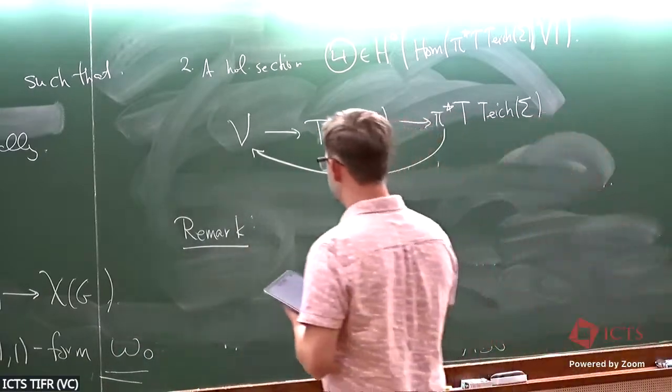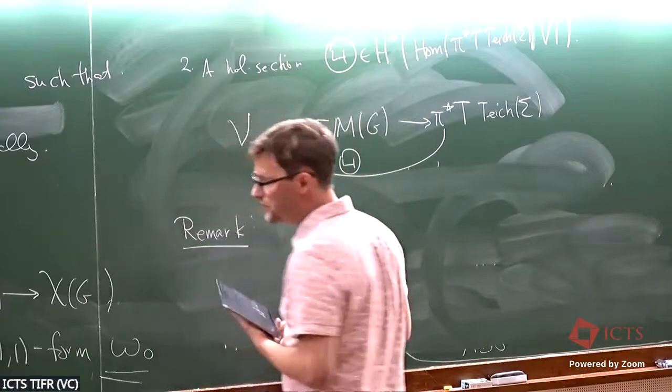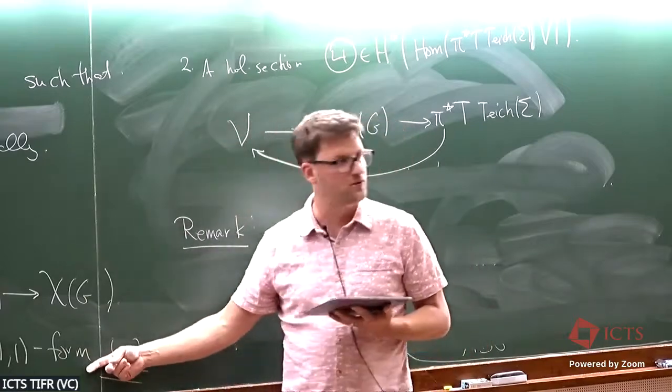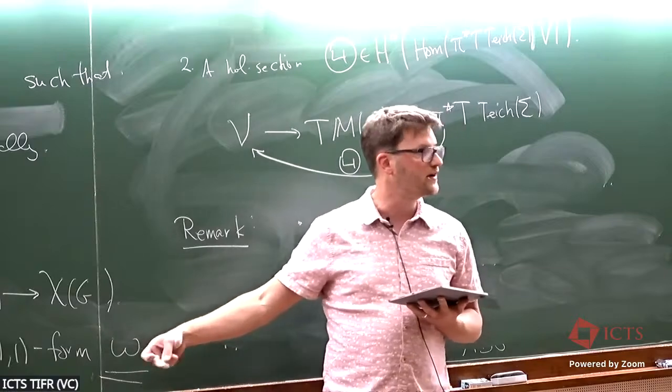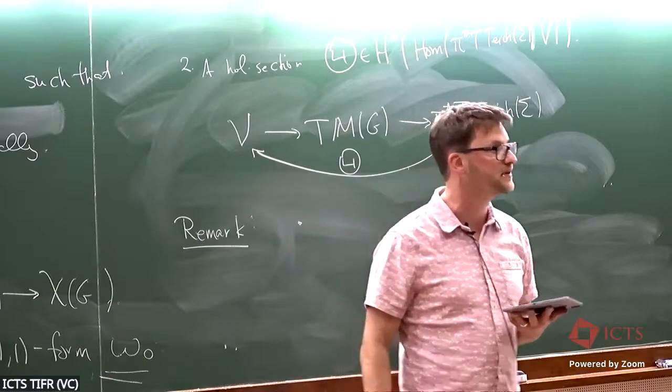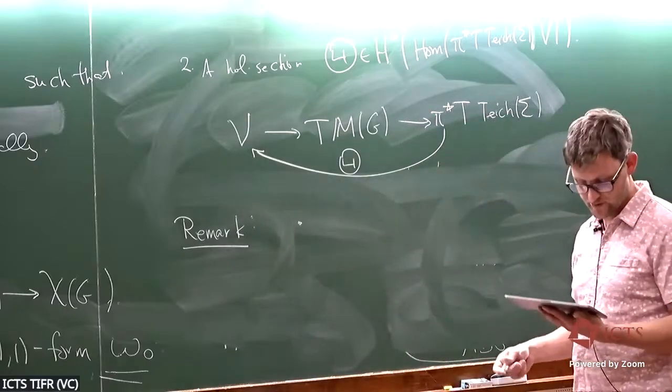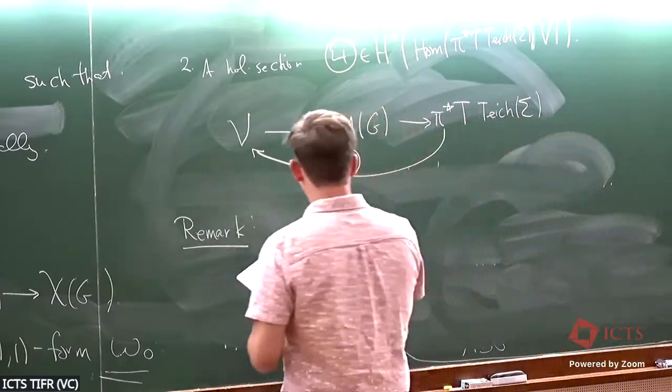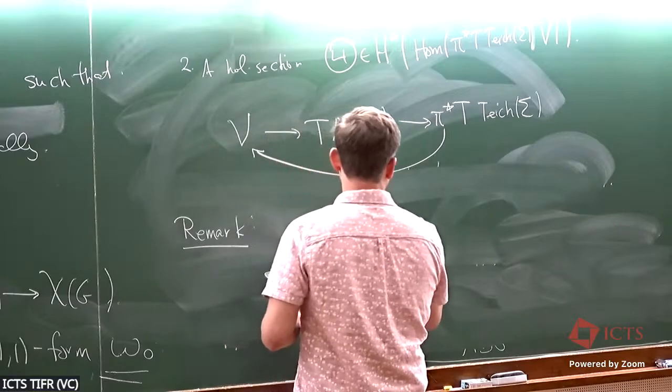So first remark: you notice I did not say that this thing was non-degenerate, or that it was Kähler or something like that. It has most of the pieces, but I didn't write them there for a reason.